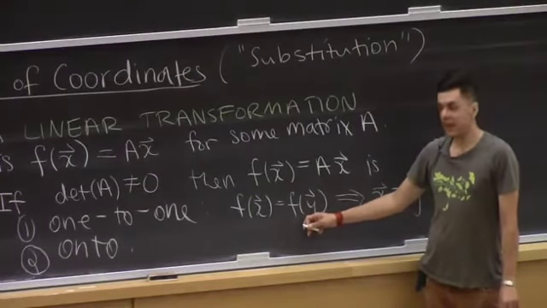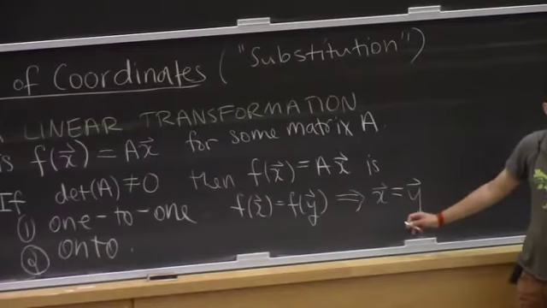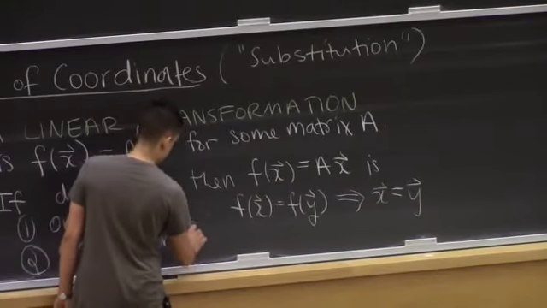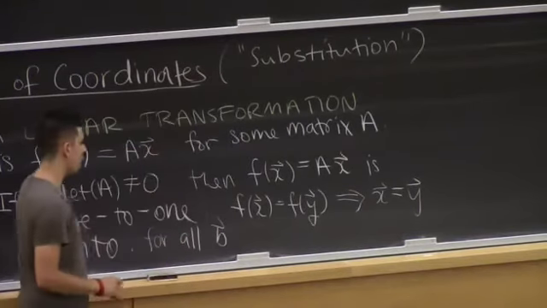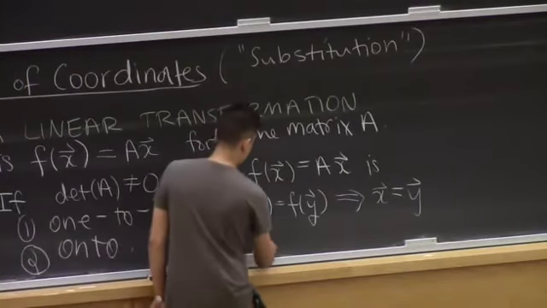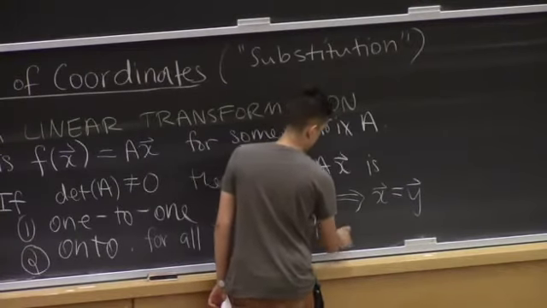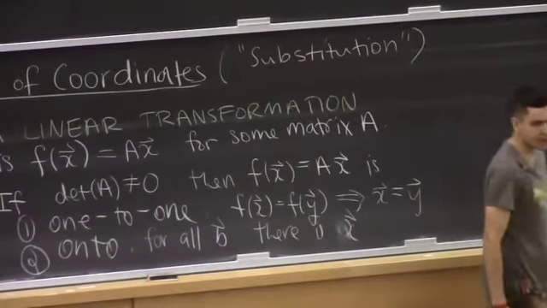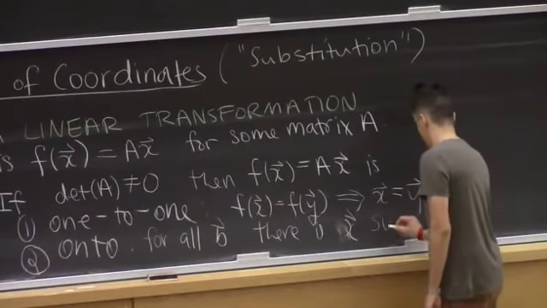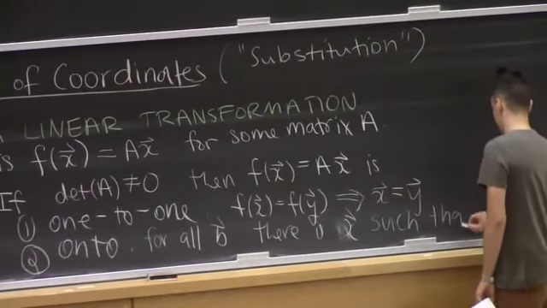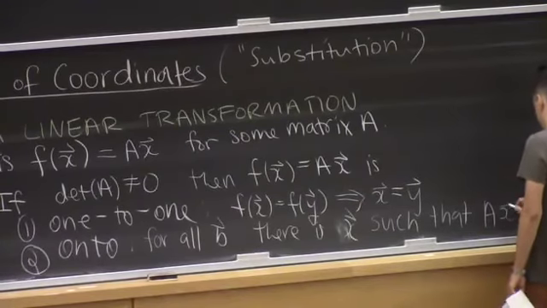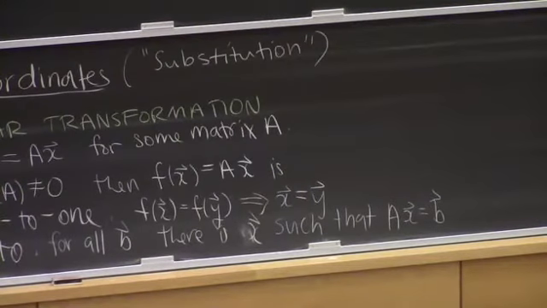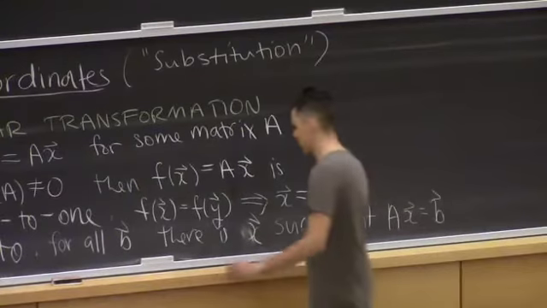We can multiply by A inverse, and we get X is equal to Y. For onto, that means for all vectors B, there is some vector X such that AX is equal to B. Or here, we should say that in terms of our function.